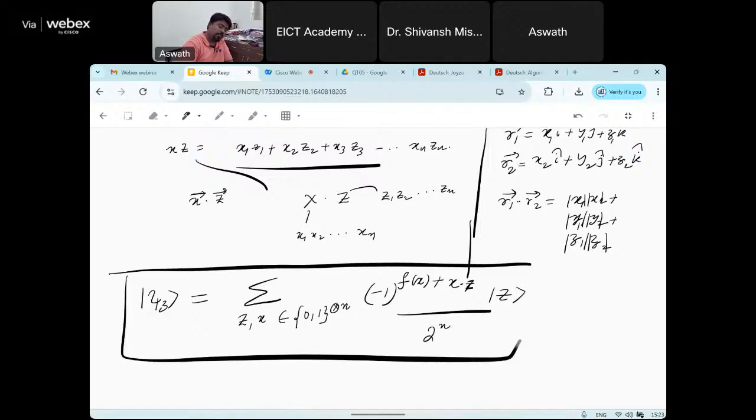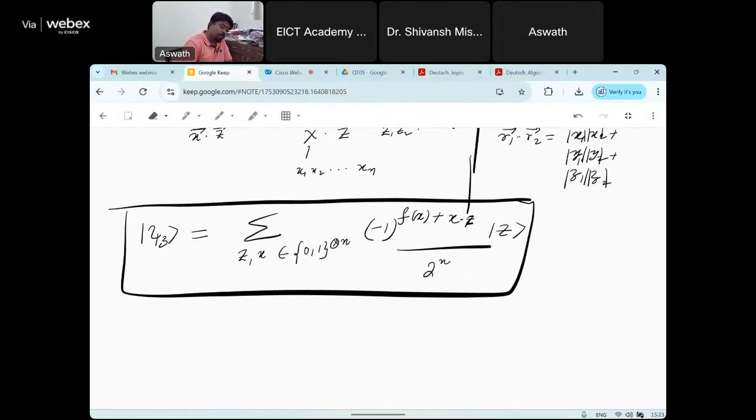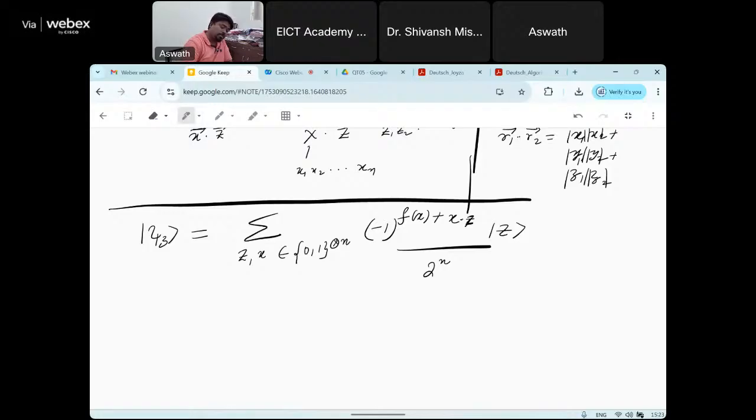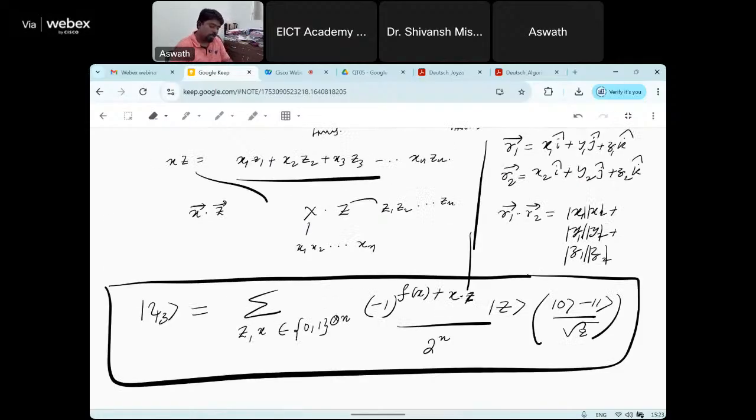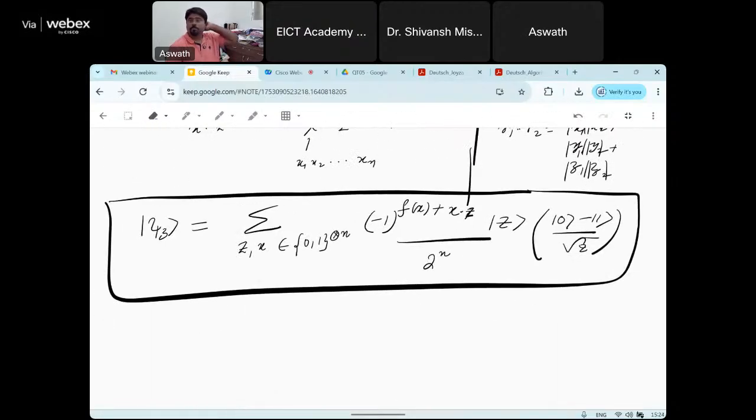This is the psi3 we have. Okay, I'm sorry, I forgot. Every time we forget the ancilla part. We should not do that. This is the final output. Have we forgotten ancilla earlier? No, we have not.